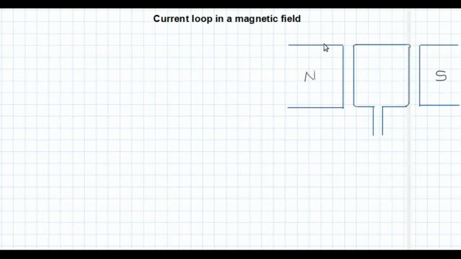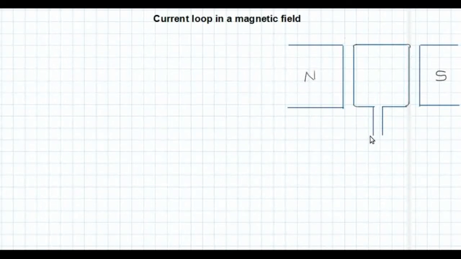Here you can see there is a uniform magnetic field present between this north and south poles. This is the rectangular coil through which a current I will be flowing.